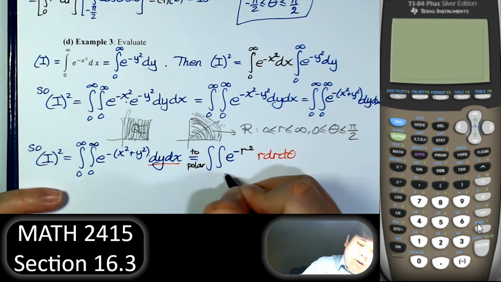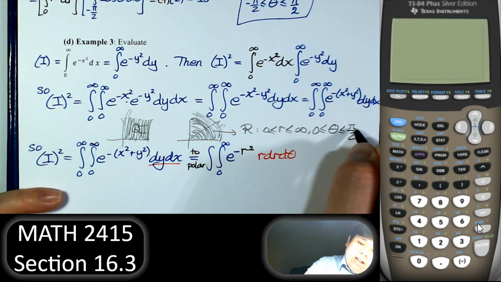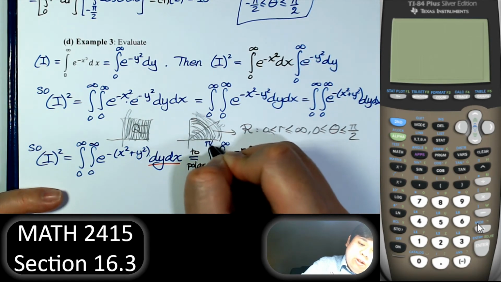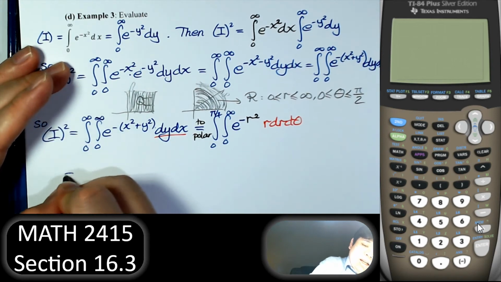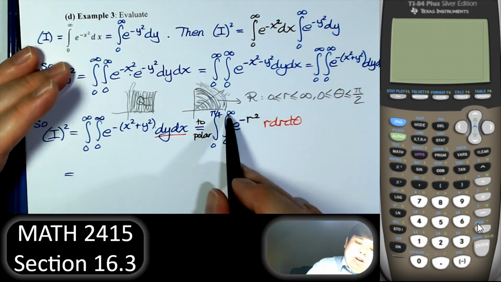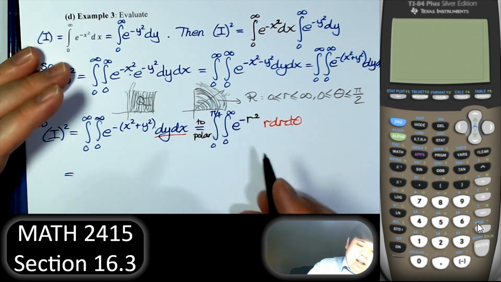Right, the r limit is from 0 to infinity and theta from 0 to pi over 2. Also, for Fubini's theorem, there's a bunch of r and theta here.